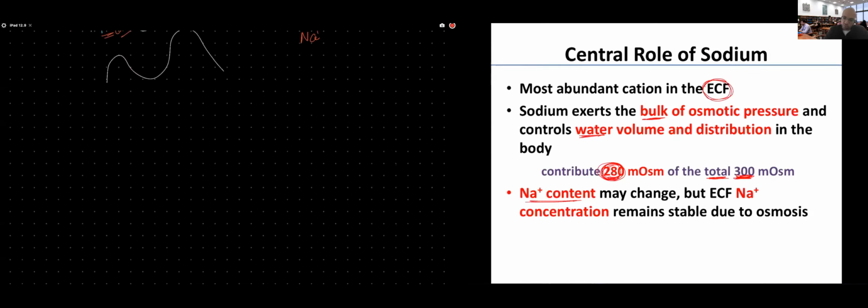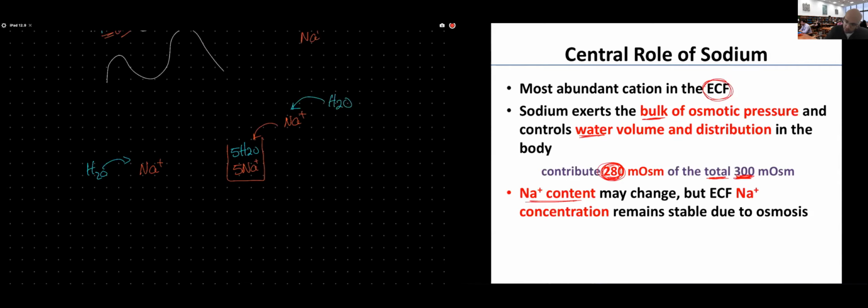So let's say each sodium is going to be accompanied by one water. If I have a can containing 5 sodium, this means that those 5 sodium are accompanied by 5 water. So when I add 1 sodium, I did change the content. Now I have 6 sodium. But when I add the sodium, it pulls water with it.